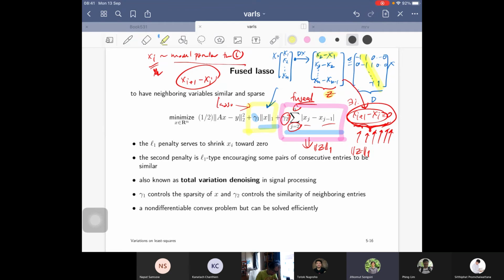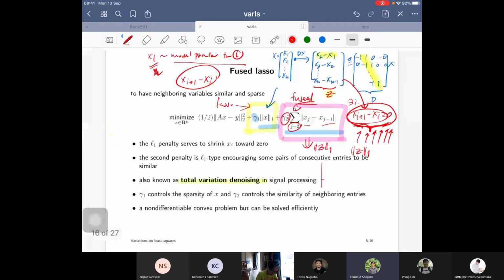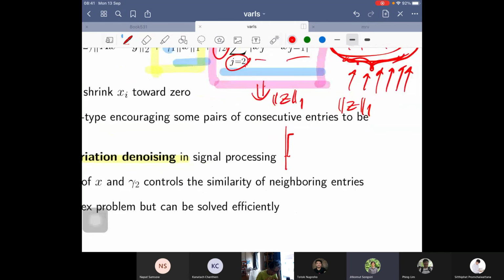So this problem is called total variation denoising in signal processing, where you may have, do I have the graph? Let's see. Okay, I have no graph. So for example, you have a signal that looks like this. But because of corrupting noise, the blue one is the measurements.